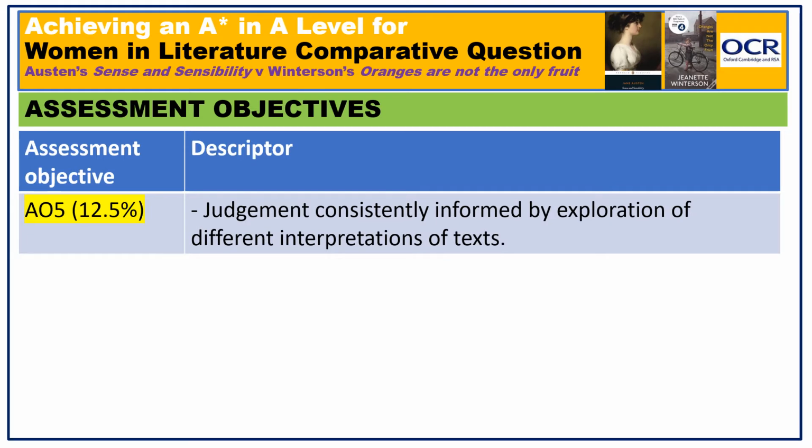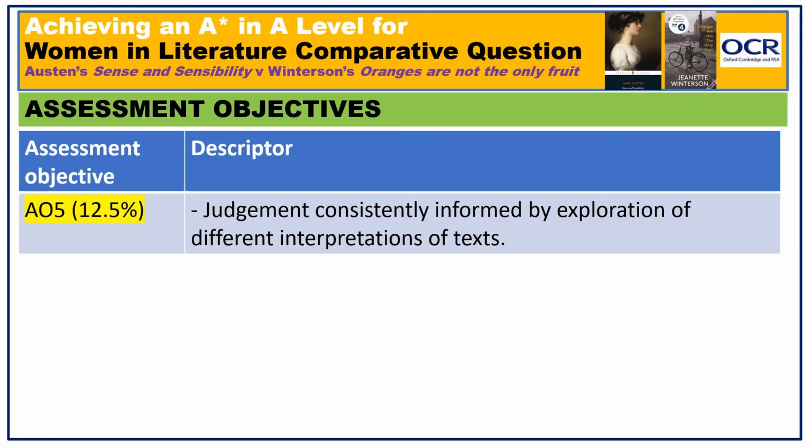50% context, 25% comparisons, 12.5% on argument and understanding of the two texts, and the final 12.5% for your use of critical quotations, or potentially radio or TV versions of the text.